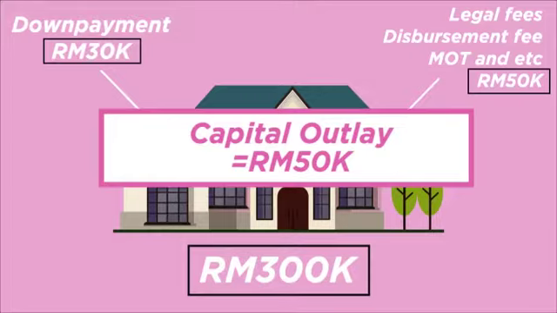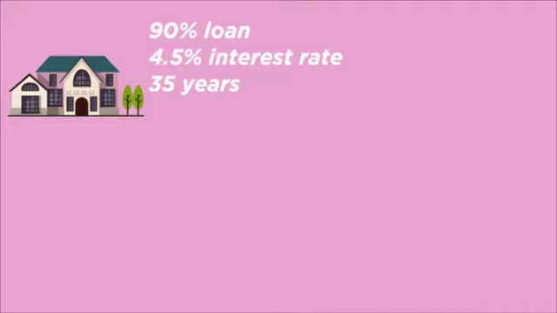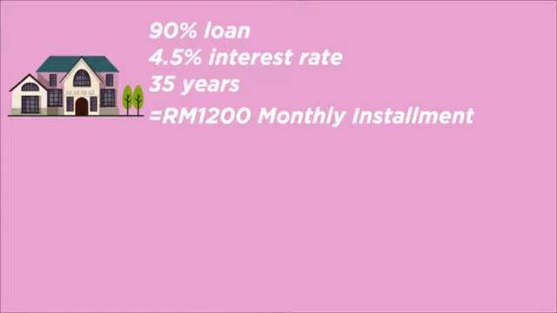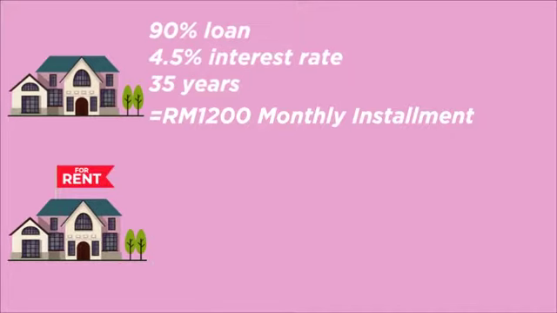And because I borrow a 90% loan at 4.5% interest rate across 35 years, that gives me a monthly installment of 1,002 per month, for example. And I managed to rent out this property for a monthly rental income of 2,000.